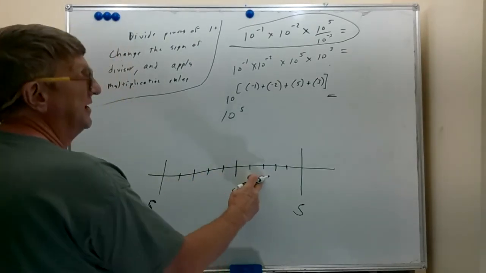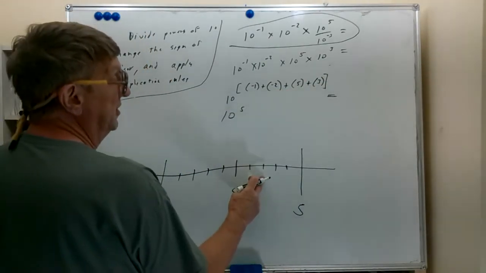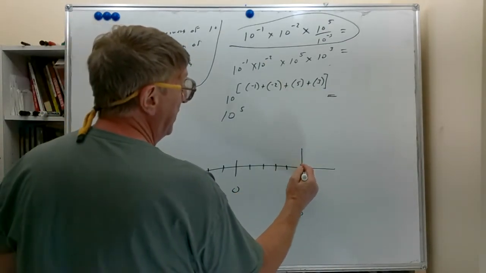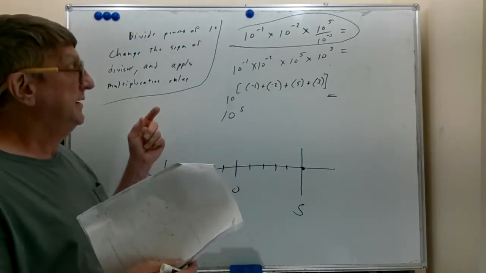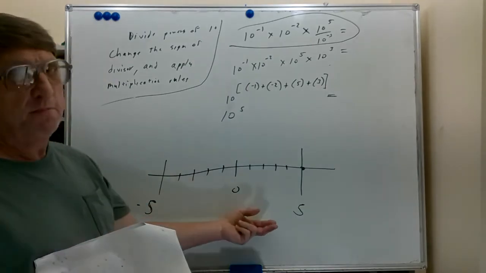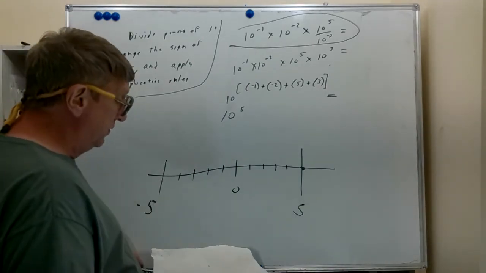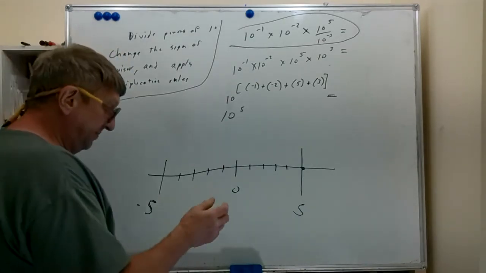And then we added to it a positive 3, which means go right 3 more steps on the number line. And there we ended up at positive 5. So in every case, when we broke it down, we got 10 to the 5th. When we did our shortcut, we got 10 to the 5th. And when we used our number line to help illustrate the shortcut, we got 10 to the 5th. Don't worry about the shortcuts at this time if you feel uncomfortable with them. In time, that will all change.